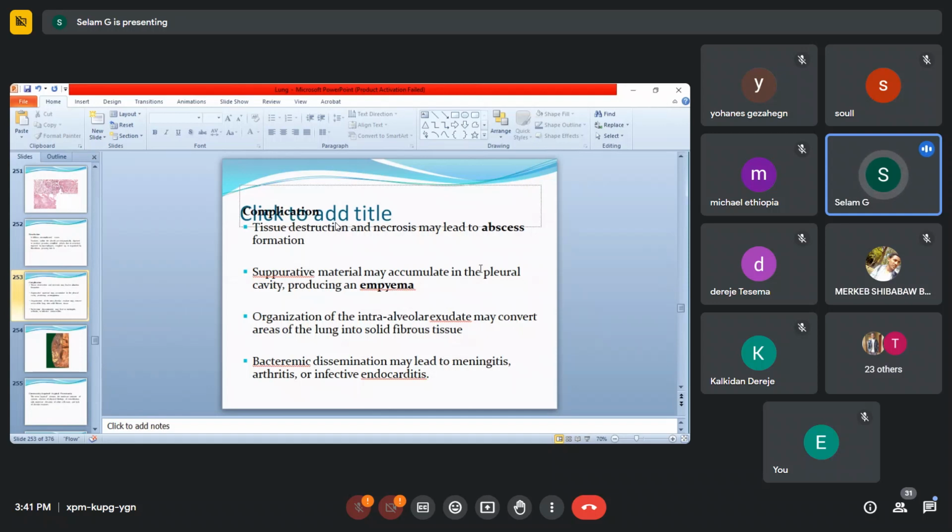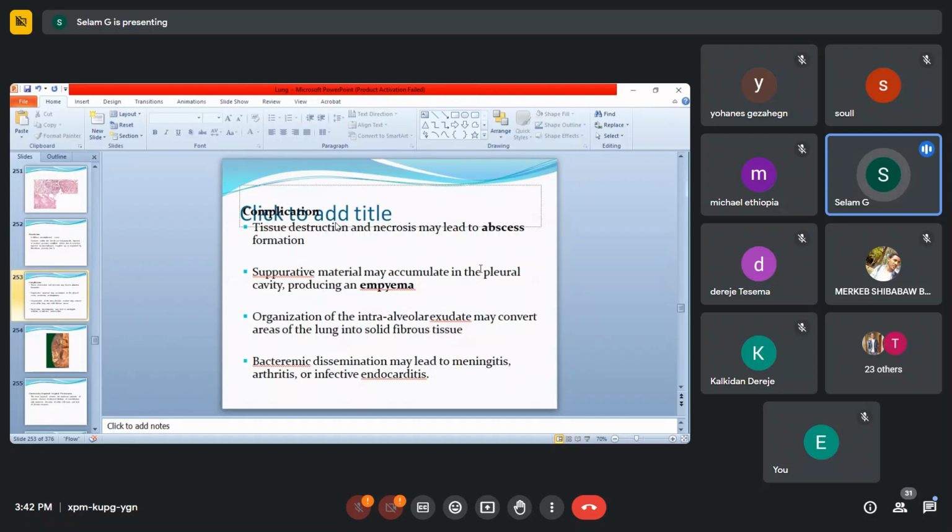Organization of the intraalveolar exudate may convert areas of the lung into solid fibrous tissue. So if the fluid found filling the alveolar space is not cleared, and if it organizes, it blocks the alveolar space. So there will be fibrotic tissue visible in the lung.